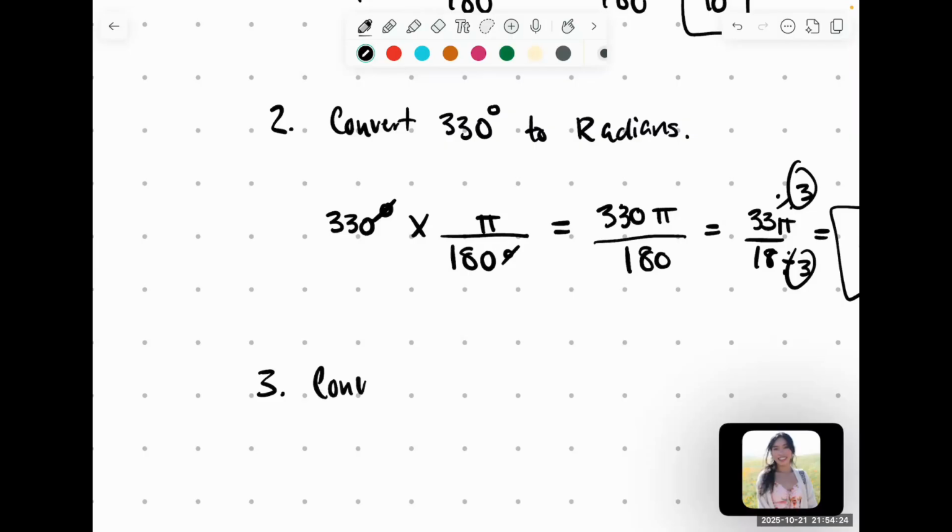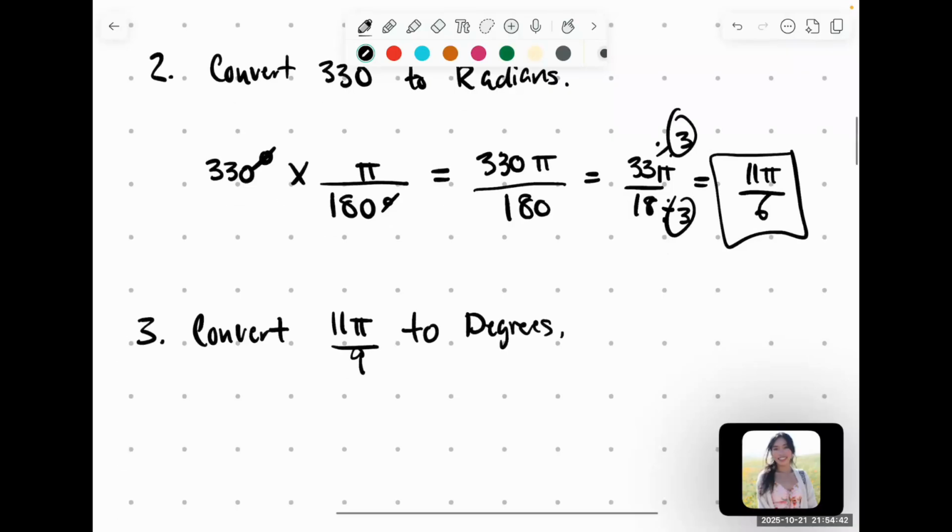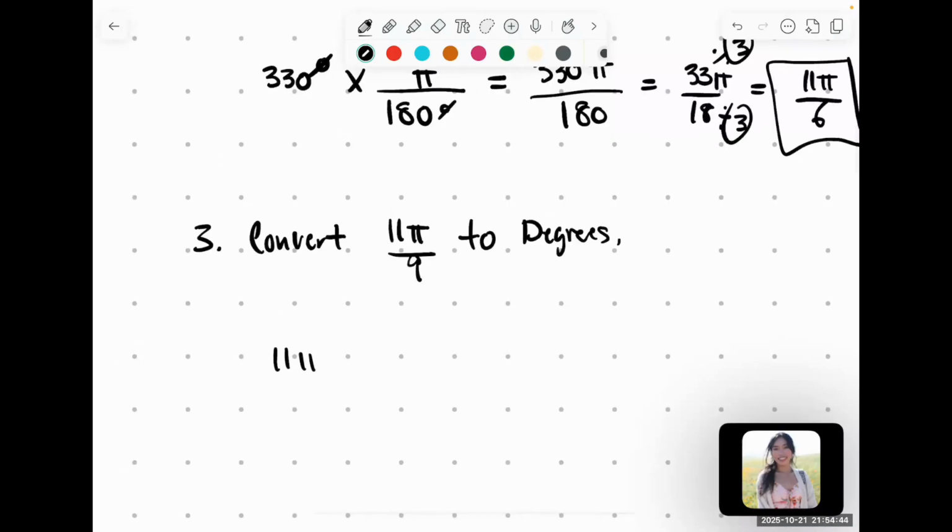So let's see. Let us convert 11 pi over 9 to degrees. So 11 pi over 9 times, we want to get rid of pi, so we're going to have that on the bottom, and then on the top we're going to have 180.